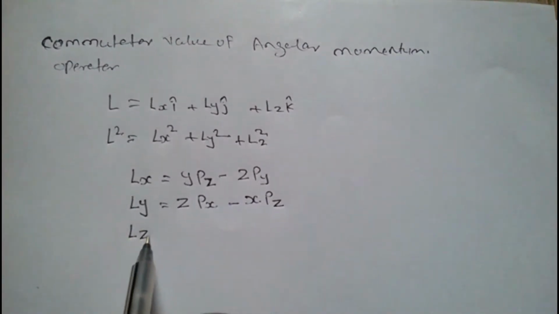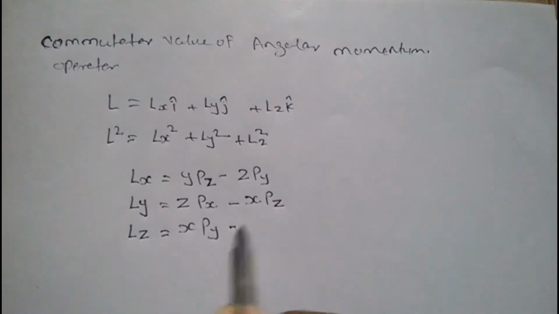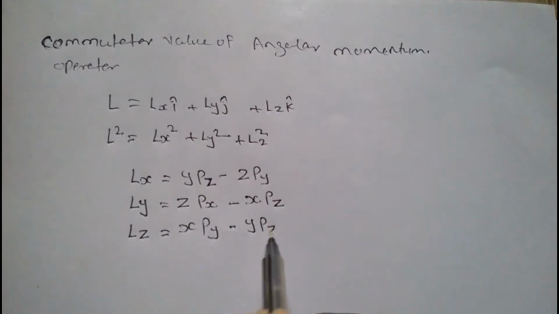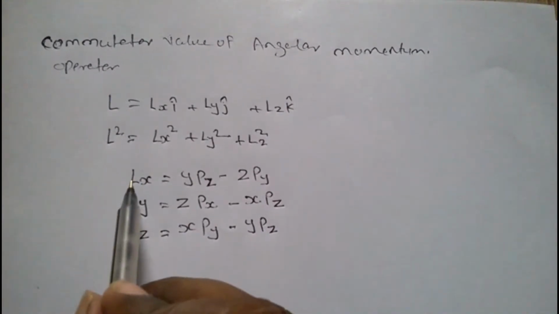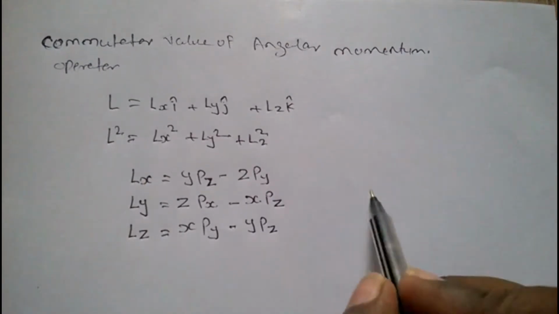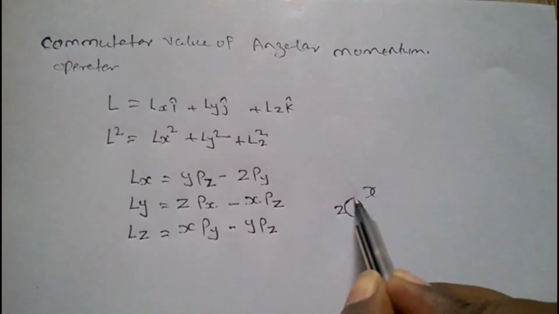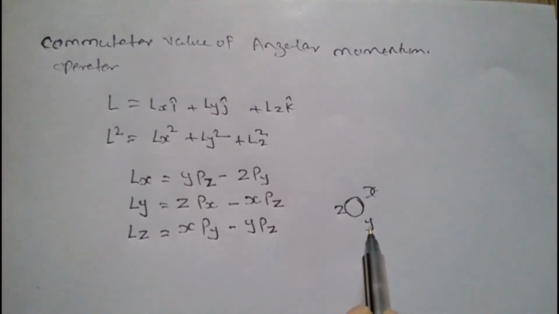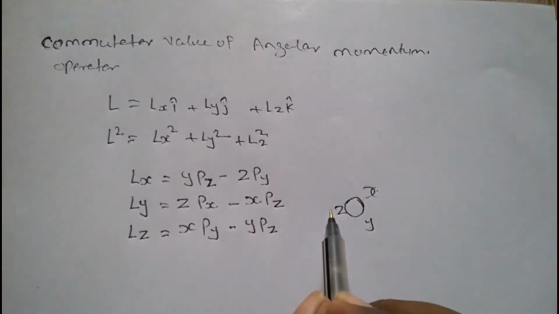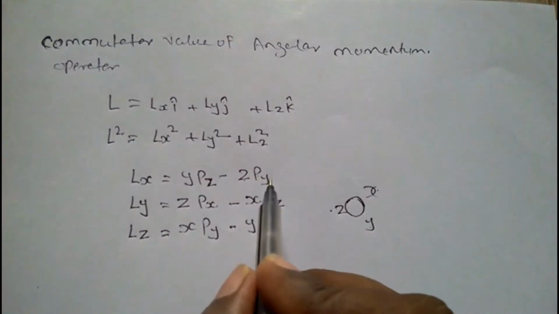Now Lz equal to x py minus y px. When we write Lx, the next to x it will be y z, so we write Lx as y pz minus z py.